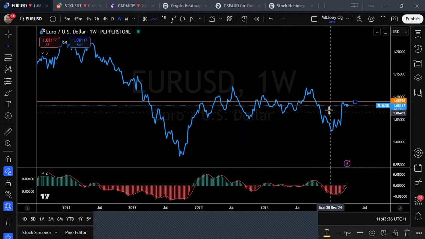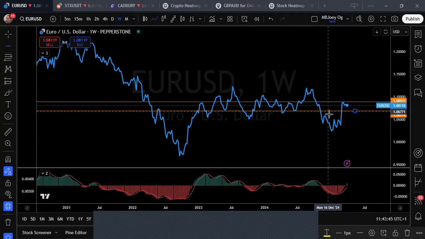So let's identify another area. This looks good.